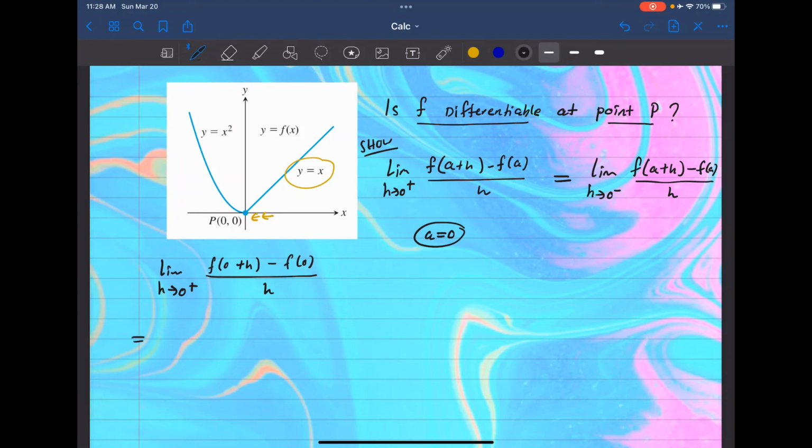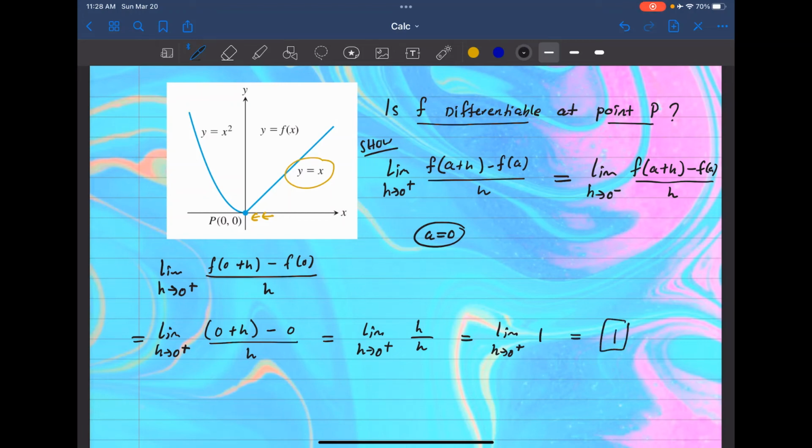So this is equal to the limit as h approaches 0 from the right. We're using the function x. So this will be 0 plus h minus 0 all over h. And this simplifies to the limit as h approaches 0 from the right of h over h. That is simply the limit as h approaches 0 from the right of 1. And we know the limit of a constant is a constant. So on this side we get 1.